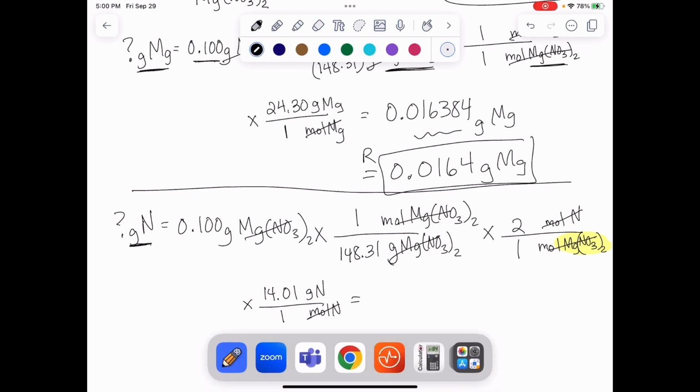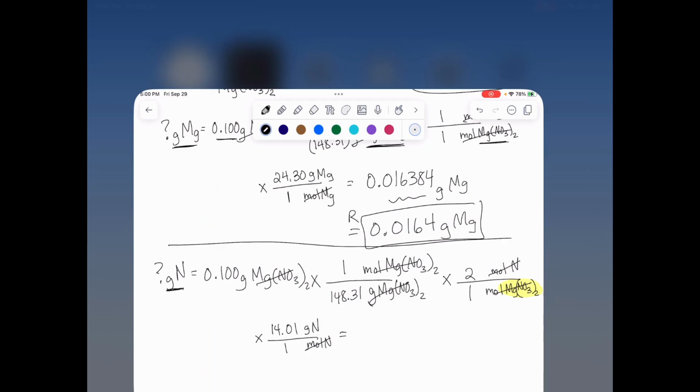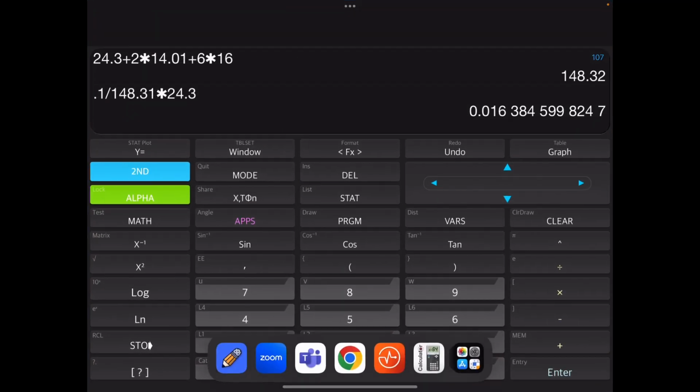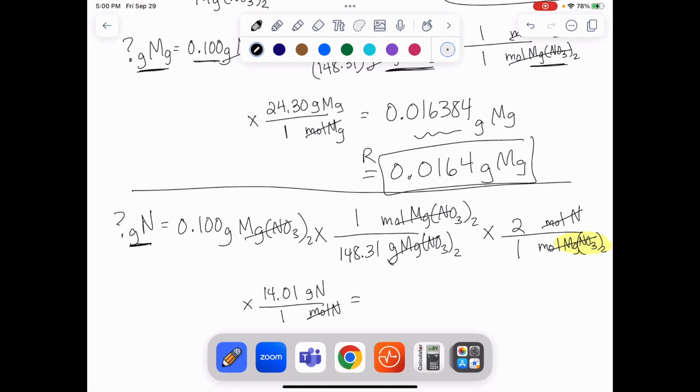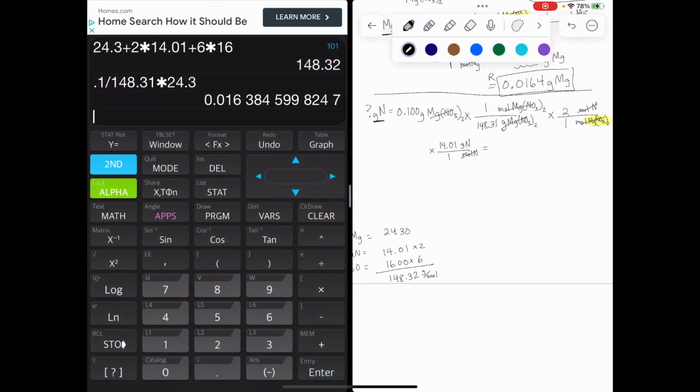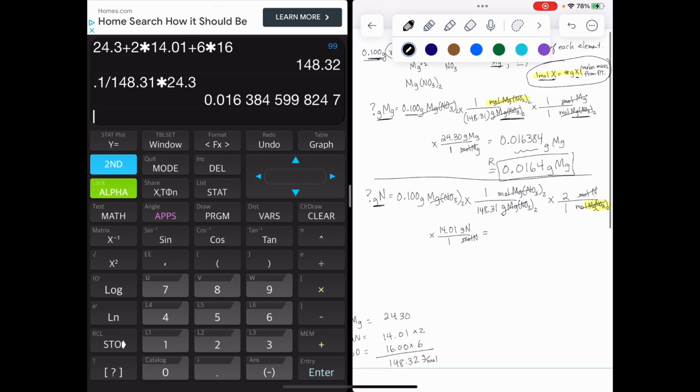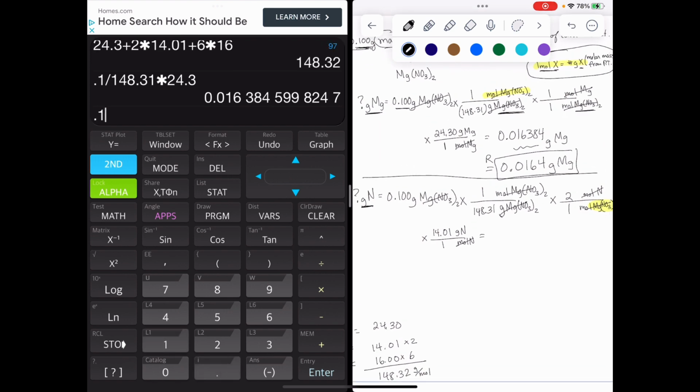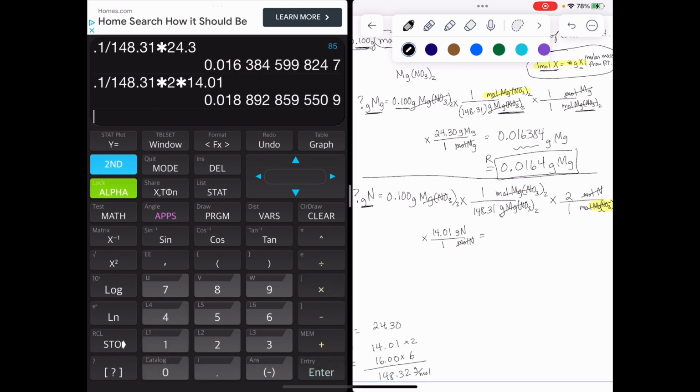Calculate it now. Bring my calculator back. All right. And I have 0.1 times 1, but I don't have to plug it in, divided by 148.31 times 2 moles of nitrogen times 14.01 equals.